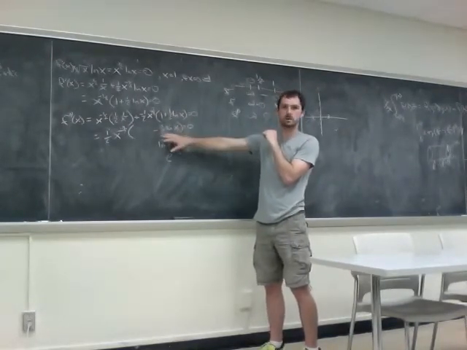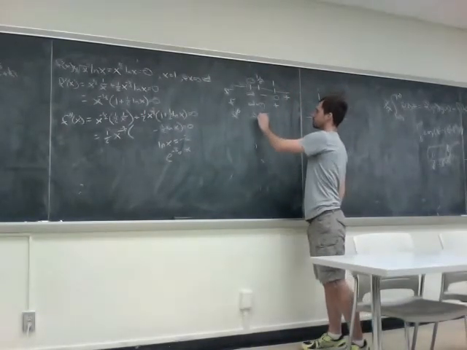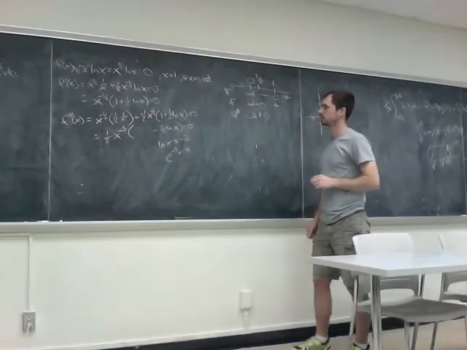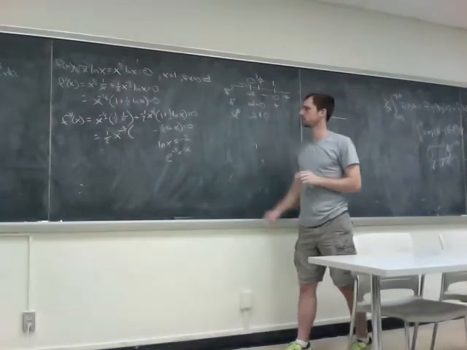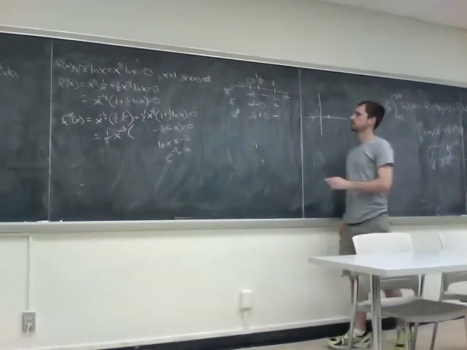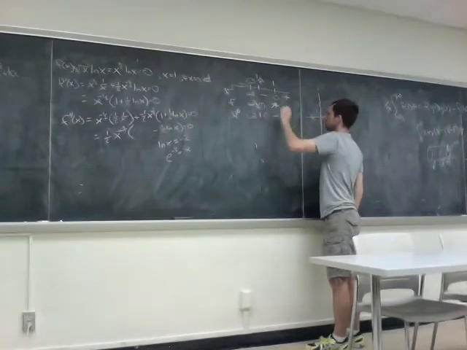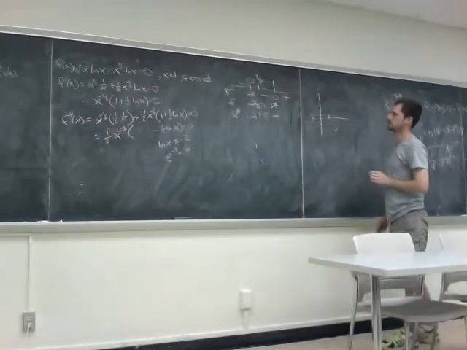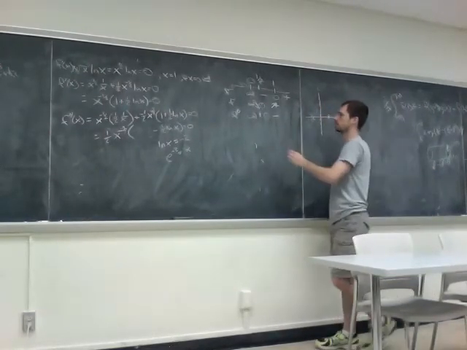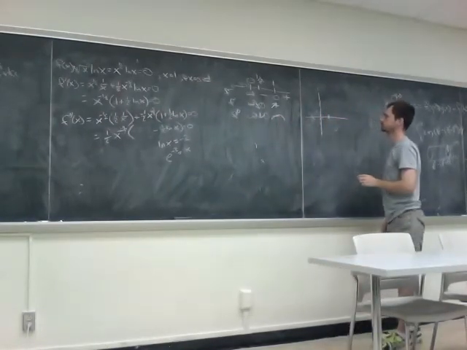Negative times negative, so I get a positive, I think. And then if I put in something bigger, this is positive, and that becomes negative. So we have something that looks like that. This says I'm undefined, I'm decreasing, and I'm increasing. And this tells me that I'm convex and then concave.